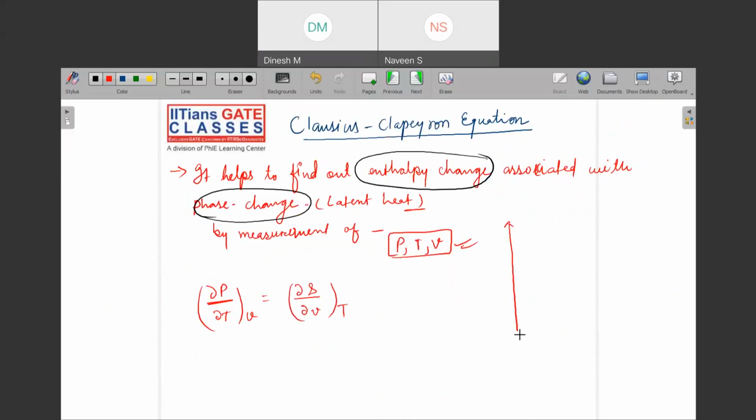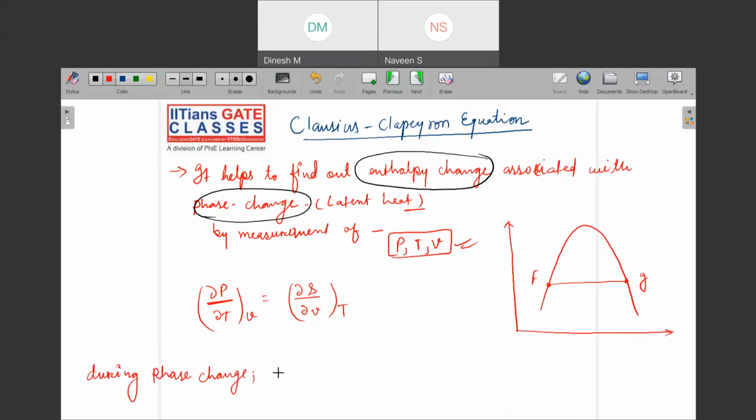So let us first try to draw a phase change process here. Here we have the fluid region and here we have the gas region. During the phase change process, the pressure is a function of whom?